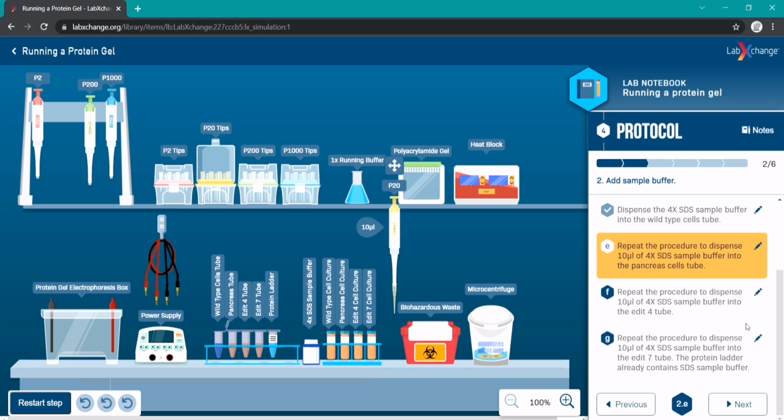Repeat the procedure to dispense 10 of 4x SDS sample buffer into the pancreas cells tube.